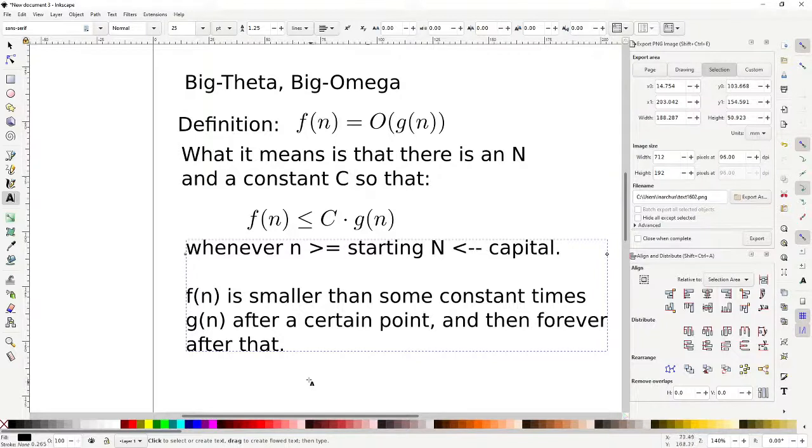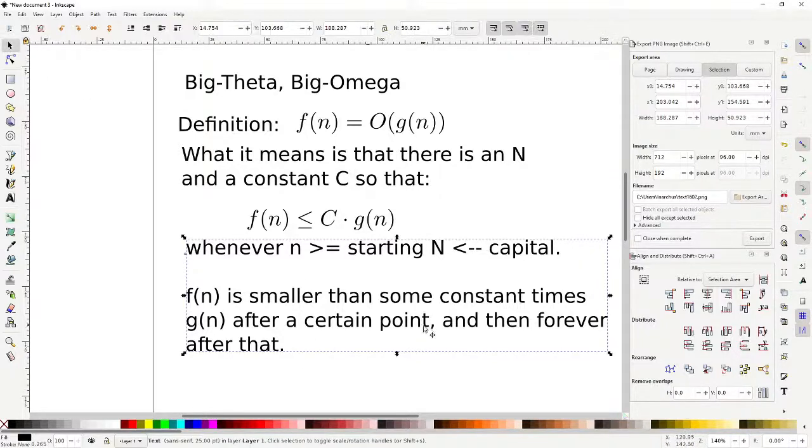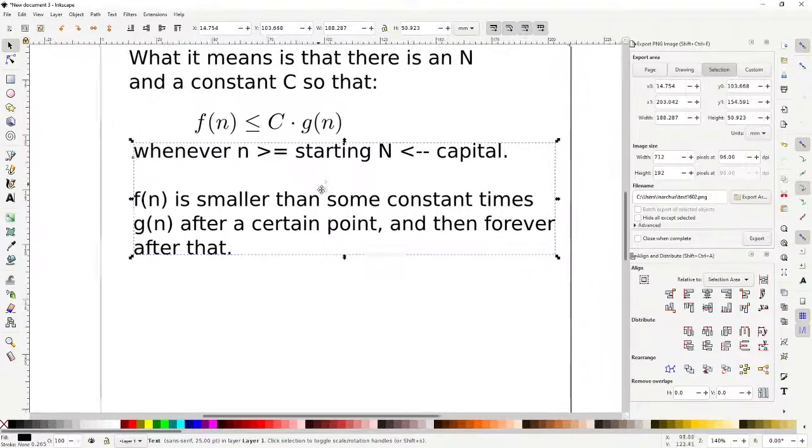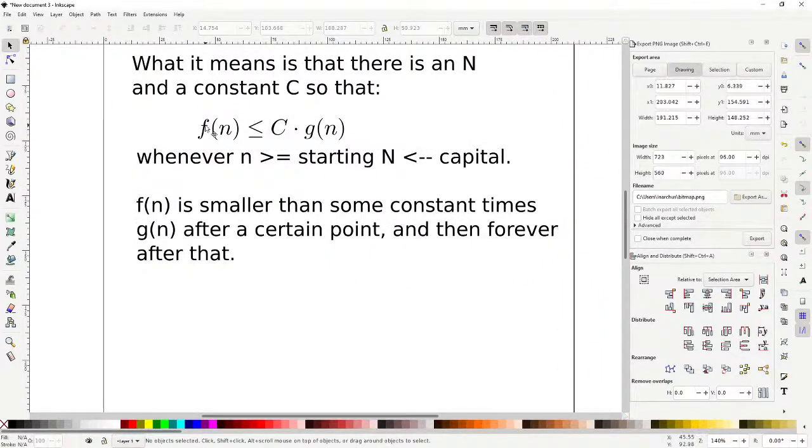So there has to be some constant that you pick, and f of n is going to be smaller than, or equal to, c times g of n after some point, and you can change the constant.